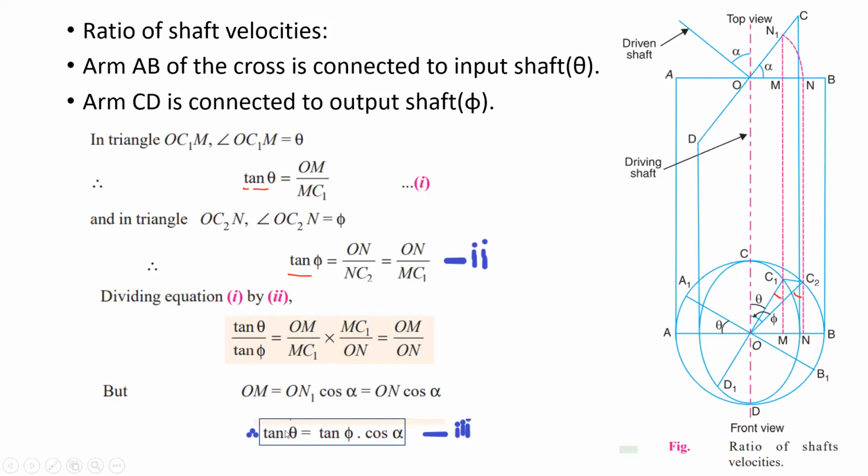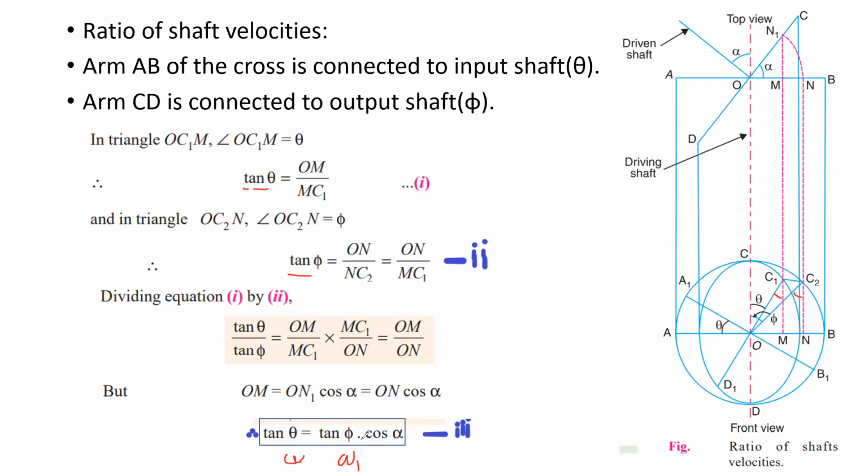Theta is nothing but the input angle, omega, and phi is the output angle, omega 1. So in order to get the omega and omega 1 relation, you need to differentiate this equation with respect to time. Take the derivative on both sides. Here theta will change as your shaft rotates, from 0 to 360 degrees, right?